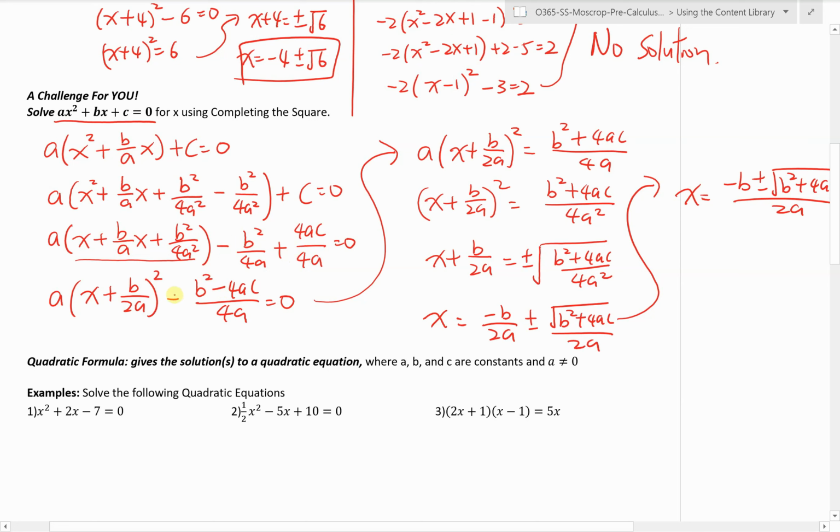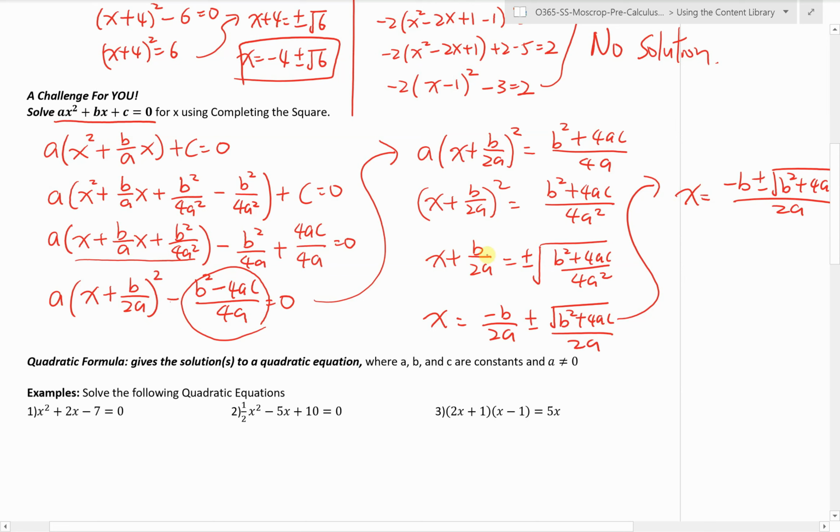So you see minus negative 4ac, it really is a plus 4ac here. Then I'm trying to isolate the squared term. So I move this term to the right, and divide both sides by a, which gives 4a squared over here. Now you take the square root of both sides, so you get x plus b over 2a equal to plus minus the square root of that.